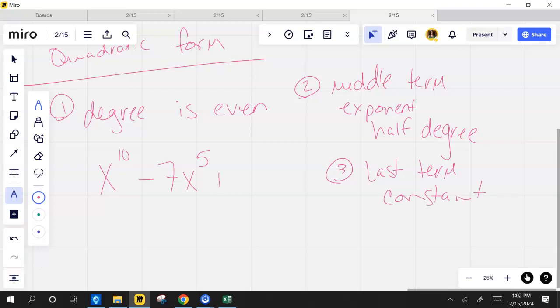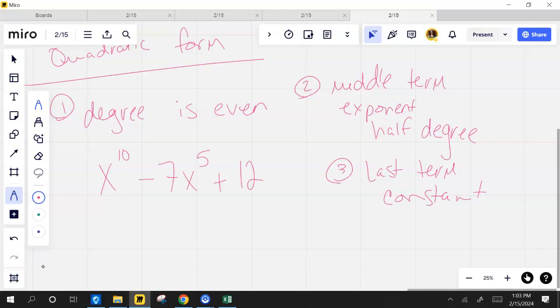Okay. If this happens, I can factor it just like normal. In other words, multiply the first and the last together, find what multiplies to that but adds to what's in the middle.